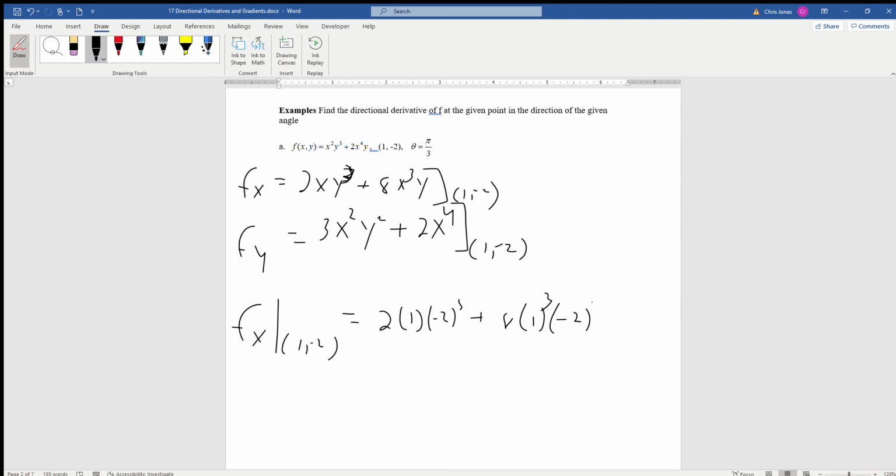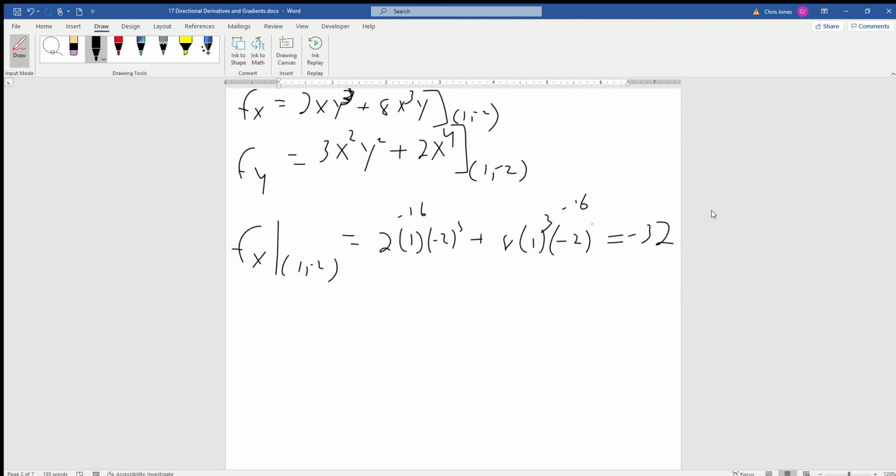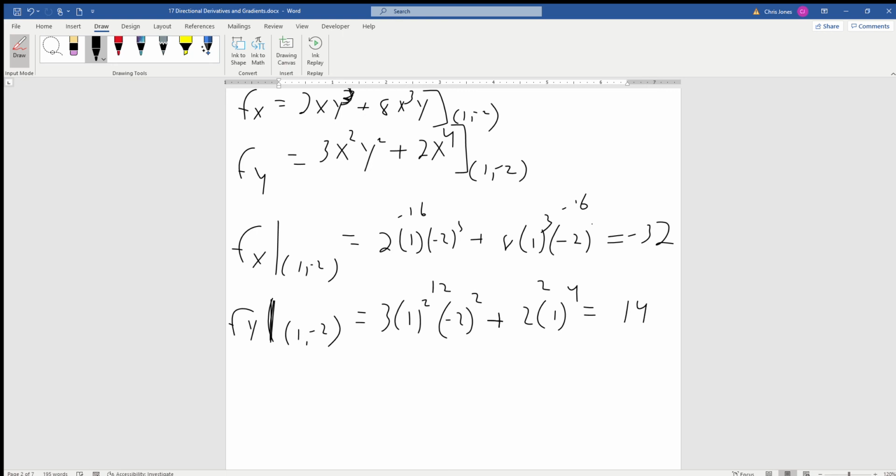Ultimately that should work out to negative 32, I believe, because this will be negative 16 and then another negative 16, so that should be negative 32. We're going to hold on to that because we also need to figure out what f_y is at the point (1, -2). That's equal to 3 times 1 squared times (-2) squared plus 2 times 1 to the 4th. That looks like it's going to end up being 14, because this will be 12 and this will be 2, so we end up with 14.